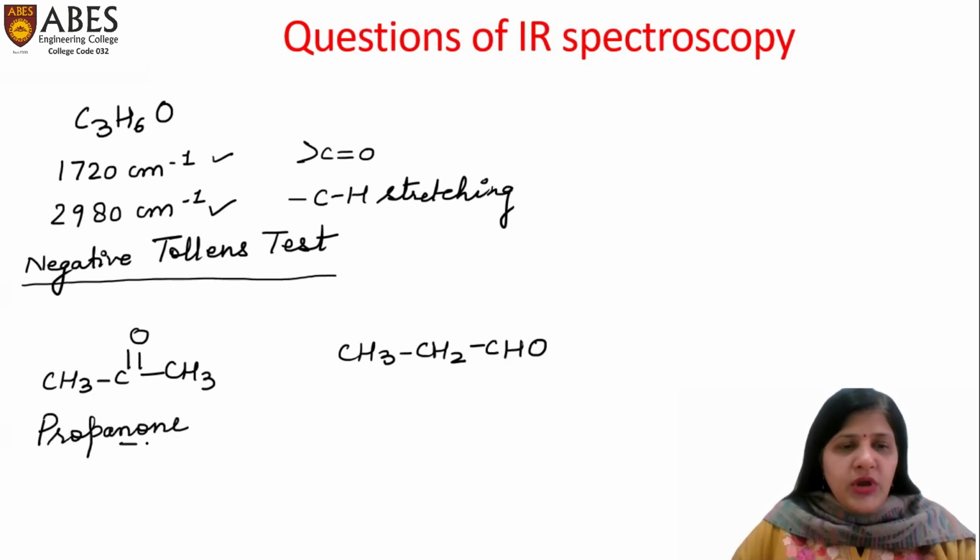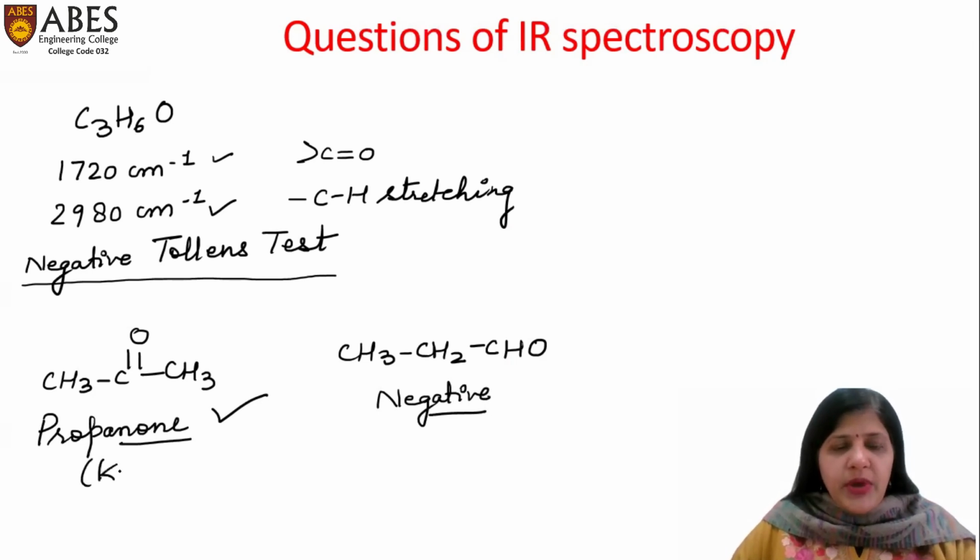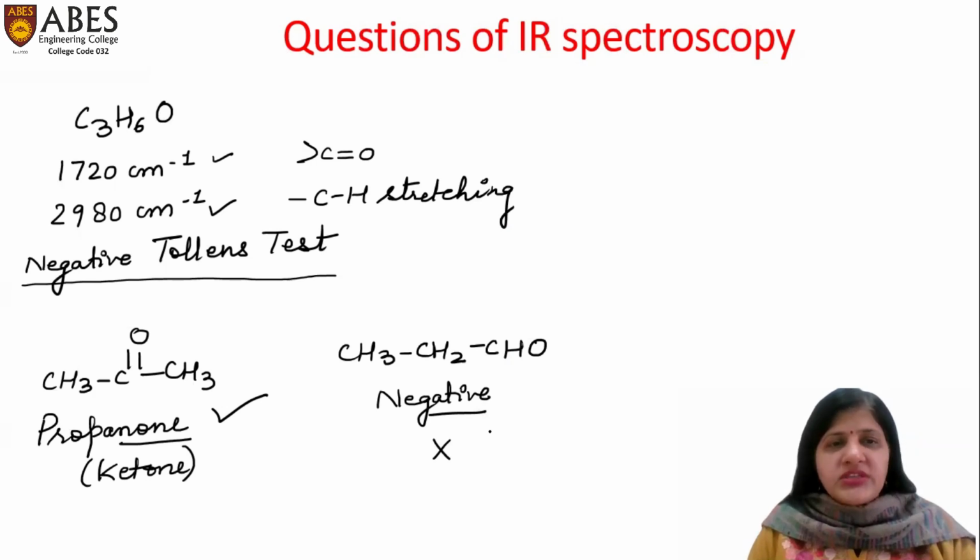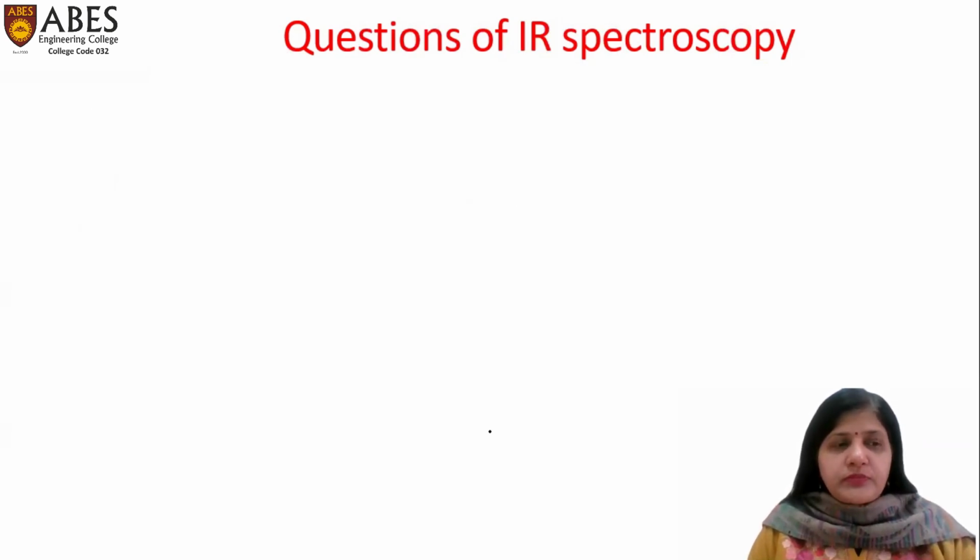This is the molecule propanone. Propanal is not present because the Tollens test is negative. Therefore, there is no probability of the presence of aldehyde. So the given compound is a ketone, propanone, not the aldehyde. In this way, we can detect the structure of the unknown sample by using IR spectroscopy.